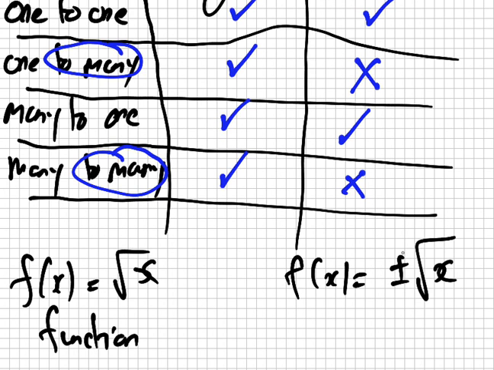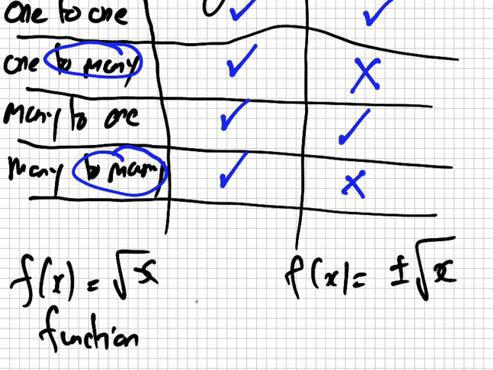So one is a function and the other is not. This is not a function. Why not? Well, what type is it? It is 1 to many. For example, here, if I put x is 9, what do I get for the answer? 3. And will I ever get 3 again if I use a different number? No, only square root of 9 gives me 3.